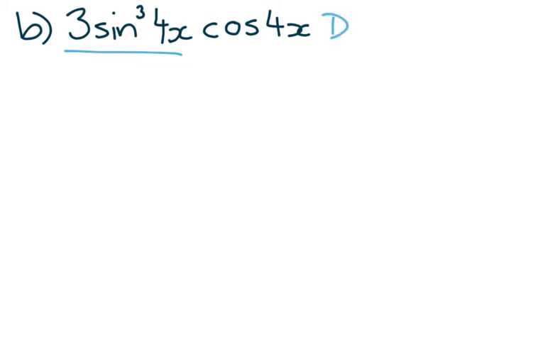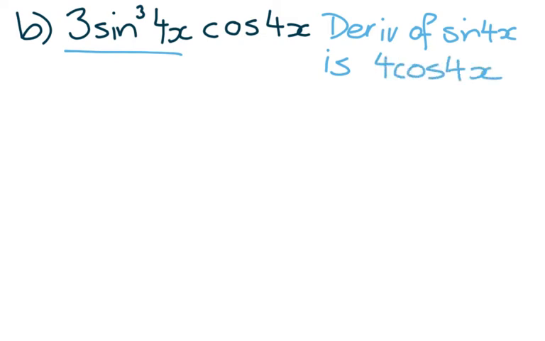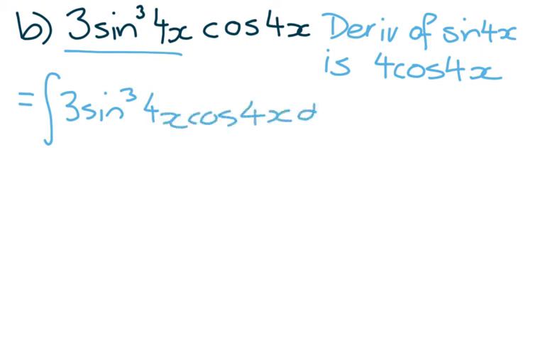So I'm just going to write over here that the derivative of sine 4x is 4 cosine 4x, because remember we bring the derivative of that f of x function to the front, and then we differentiate the sine of x, so it ends up as cosine to get cosine of 4x. So then we have here the integral of 3 sine cubed 4x cosine of 4x dx.